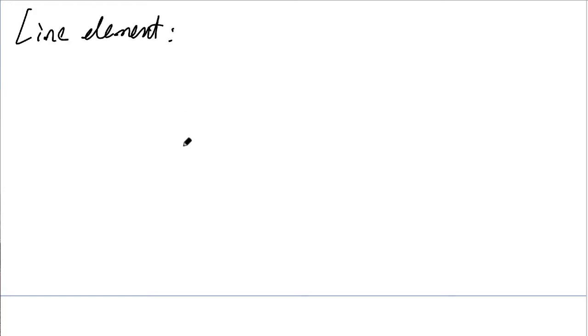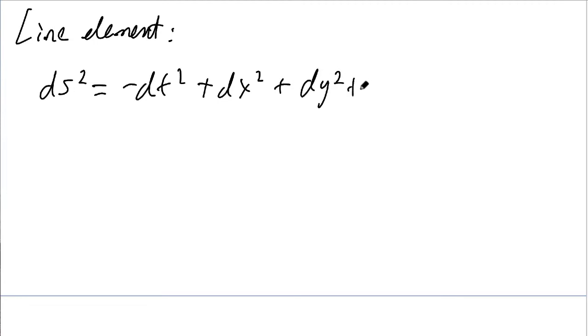Okay, the line element gives the separation between nearby points or events. For example, just to remind you, this is the line element for flat spacetime in Minkowski coordinates.